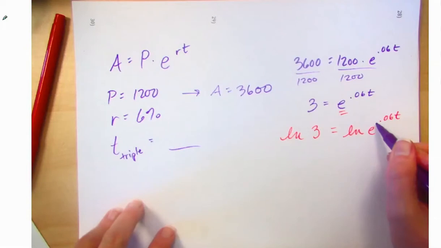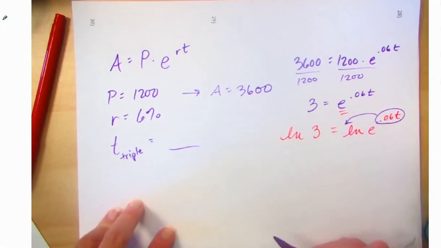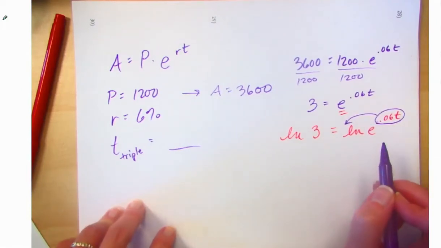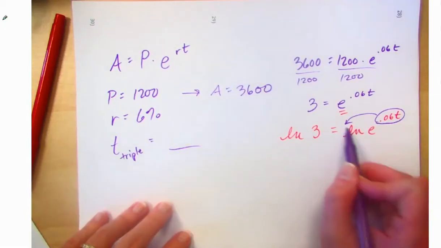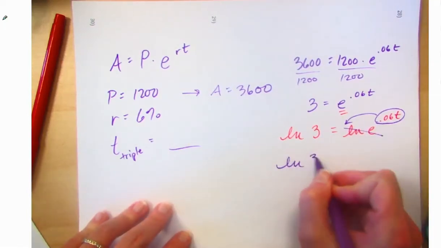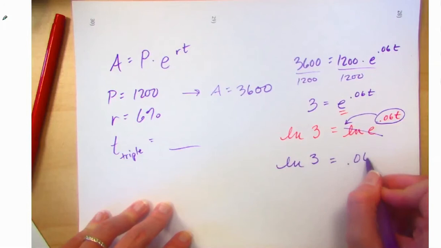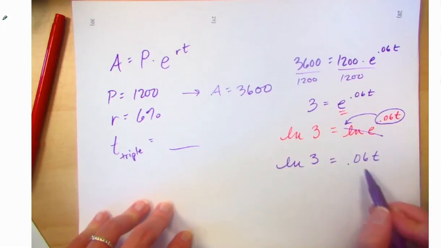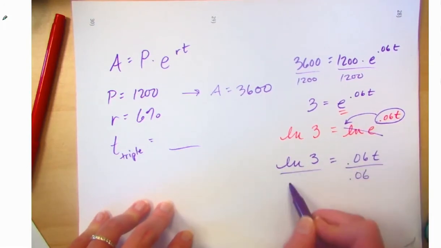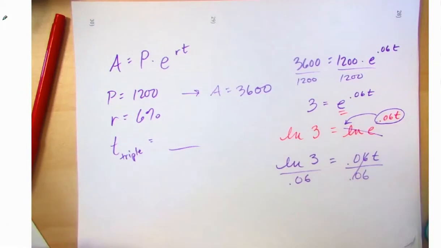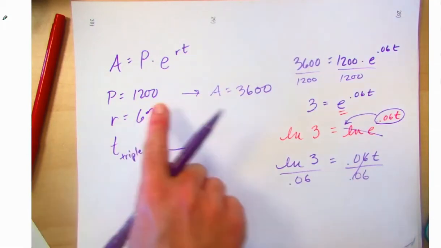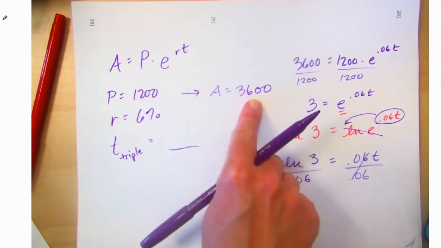Well, first of all, that exponent will come down to the front, and e to what power is e? 1. So that cancels out. So ln of 3 equals 0.06 t. So from there, I'm going to divide both sides by 0.06. Now, let's think about this for just a minute. We're after time. We're talking about time to triple.